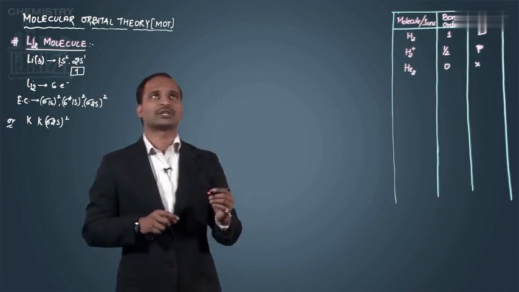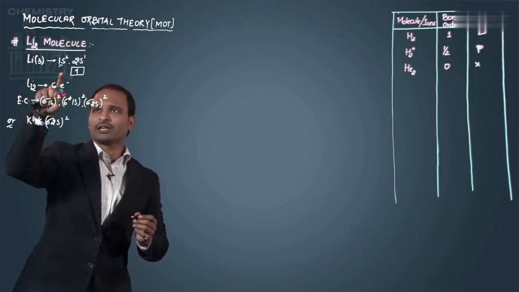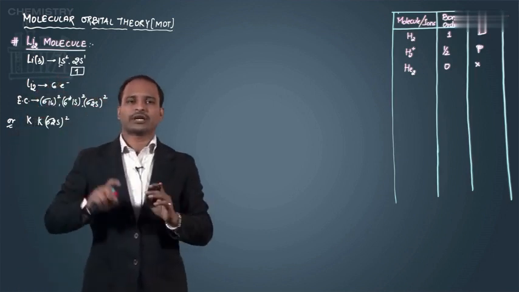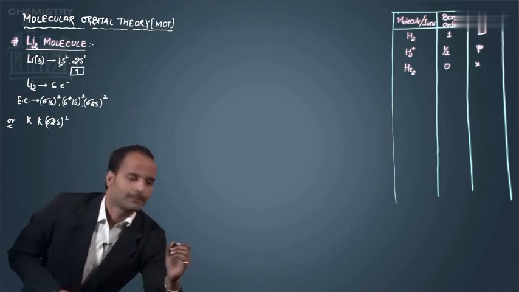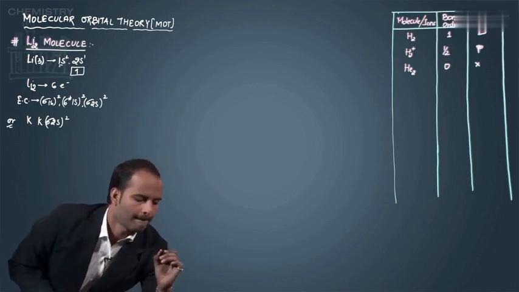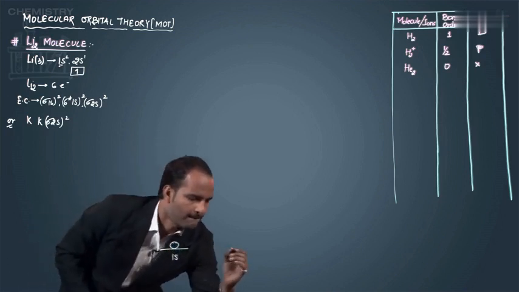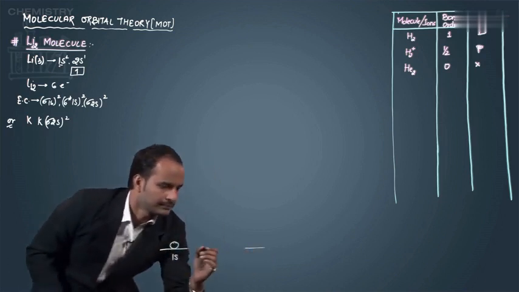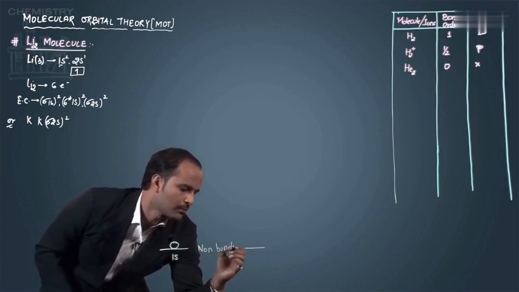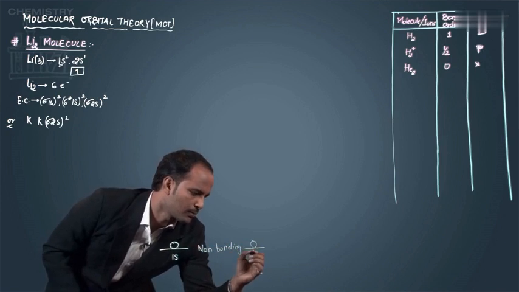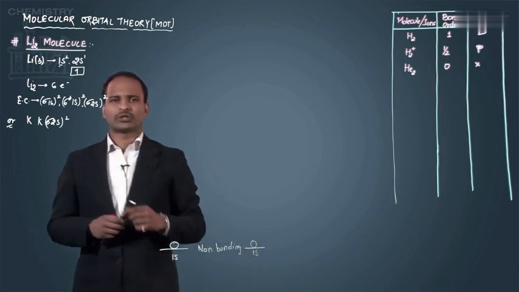Okay, so how do we draw the energy level diagram for this molecule? For drawing the energy level diagram, the 1s orbital now becomes non-bonding; as I said, it will not take part in bond formation. Then the electron moves to the 2s orbital.